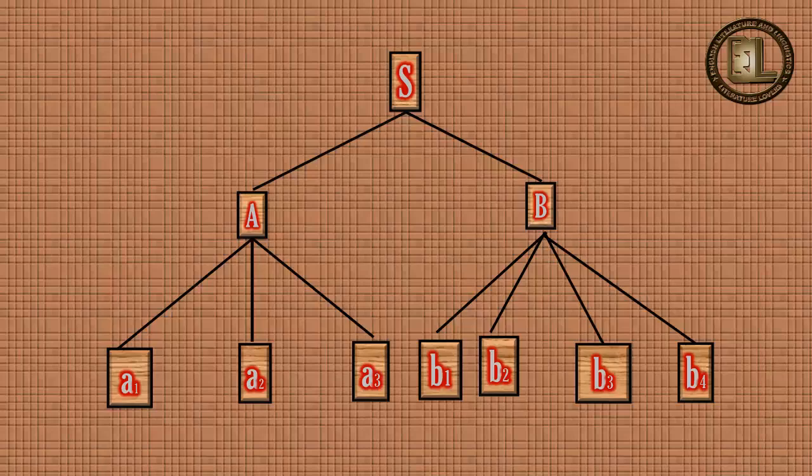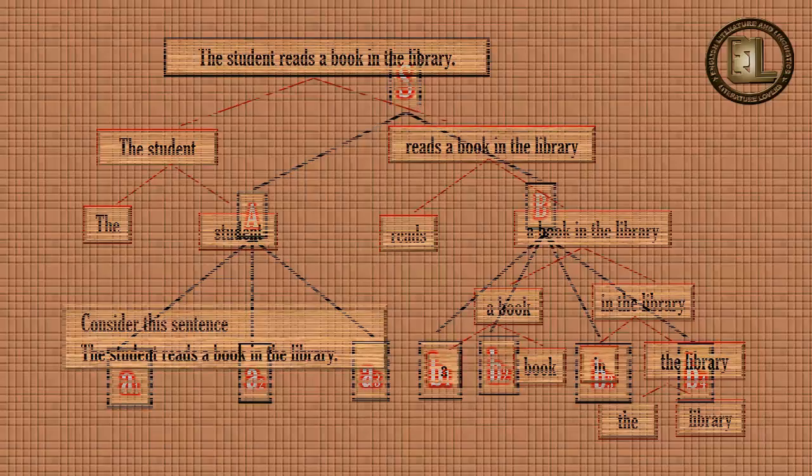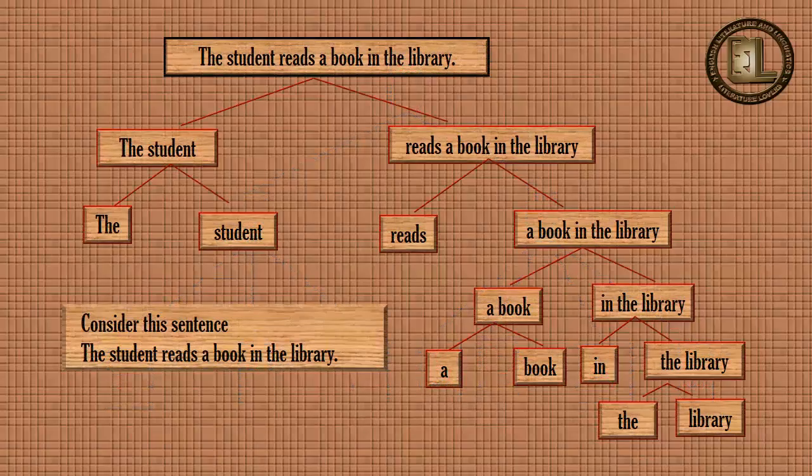These are also known as constituents of A, and B has B1, B2, B3 and B4 constituents in the same way. And this tree diagram can go on if any of these constituents has more morphemes or more syntactic categories. Consider the sentence, the student reads a book in the library.